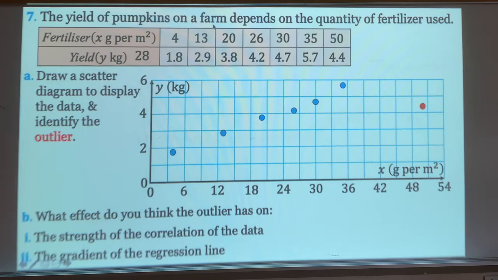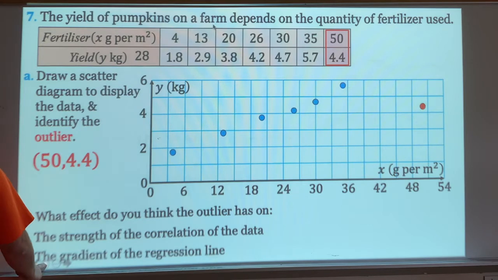Now, what do you think that effect has on the strength of the correlation of data and the gradient of the regression line? So what do you think? Do you know? Well, let's check it out. So that's my outlier. So I'm going to find out both these things with and without the outlier.